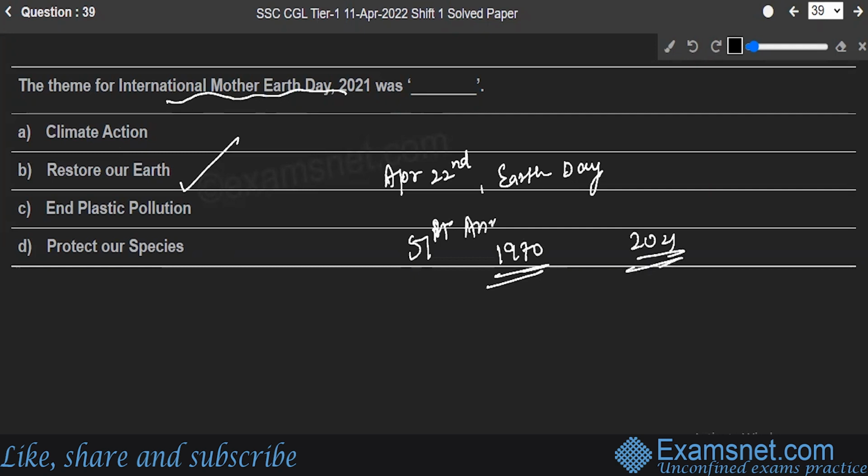So this is the 51st anniversary. In 2009, the United Nations renamed Earth Day as International Mother Earth Day. So I hope you are clear with this, right? Option B is the correct answer for this question. Let's move to the next question, number 40.